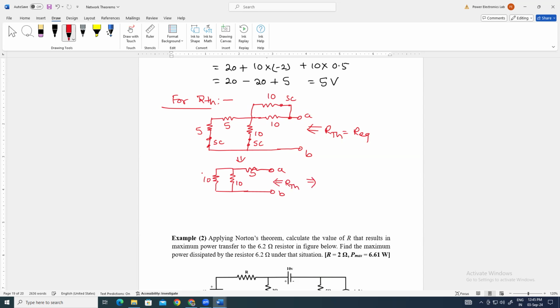This can be further resolved into 5, 5, AB. This is 5. This is 5. So RTH will be equal to 10 ohm. So RTH will be equal to 10 ohm.